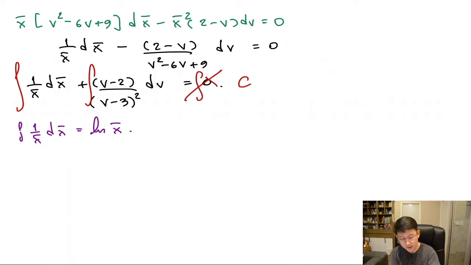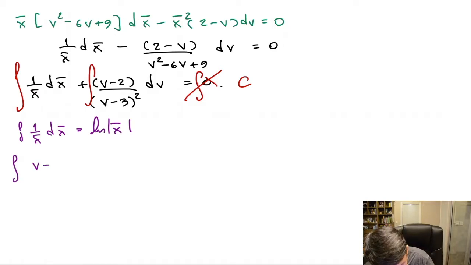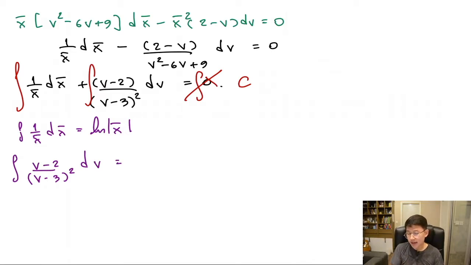Oh, I need absolute value here. But this guy, it isn't hard, but it's not straightforward. So how to integrate this function? You remember that? We need to use what we call partial fractions again.